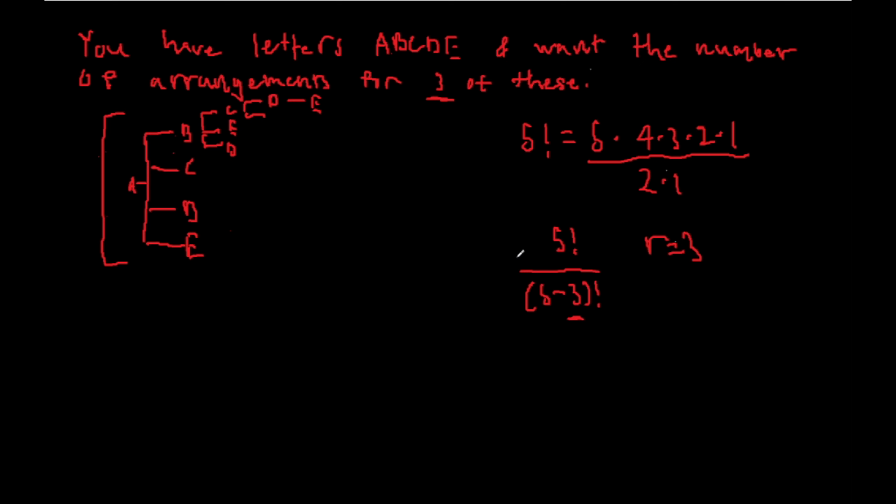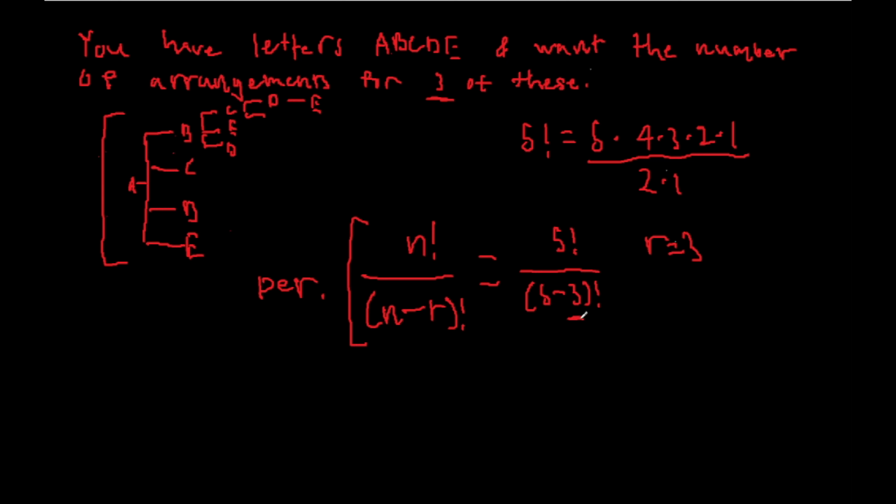From this you can write it like this: if n is the total number of letters, in this case A, B, C, D, E, then the formula is n factorial over n minus r factorial, where r is the term number that we have. So this is the equation for a permutation.